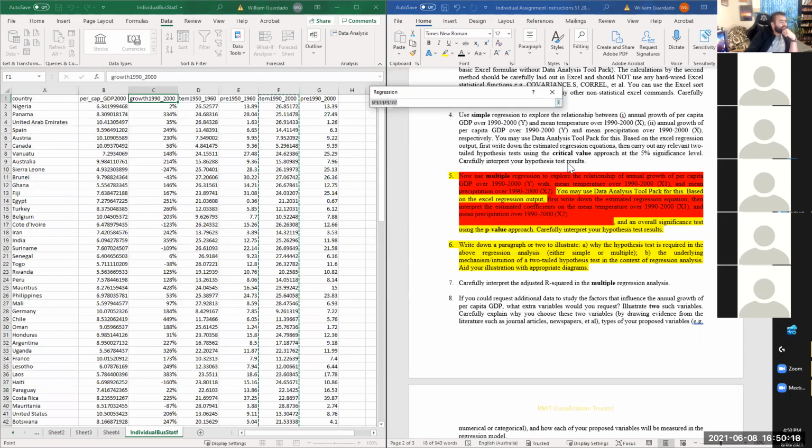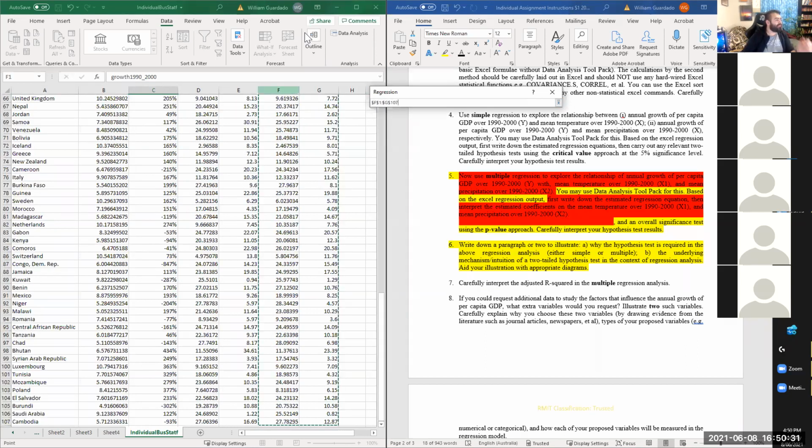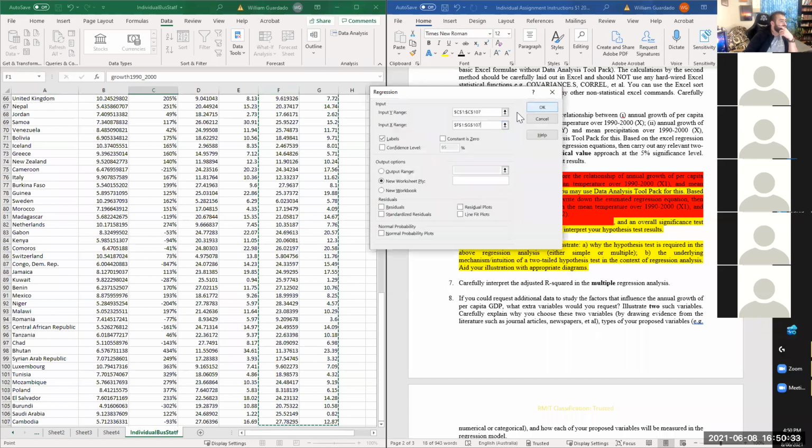And for this one, it says X1 is mean temperature. So it's right there. And it's also this one, so that would be your X2. So you have to make sure that they are in order. You haven't changed them around. And because I selected the labels, I tick the labels.